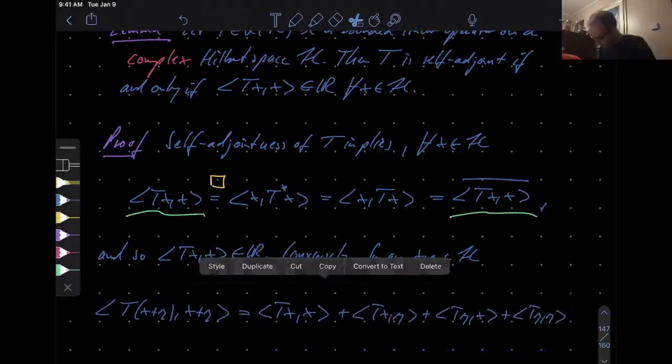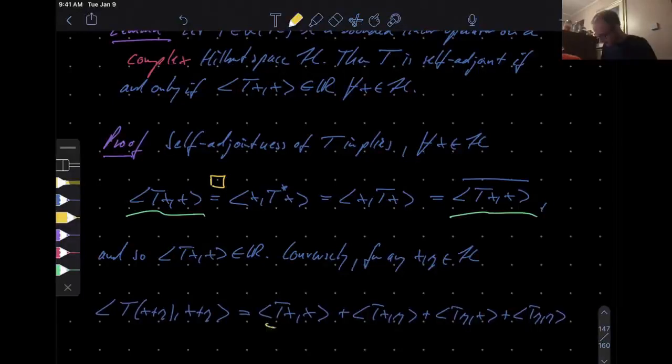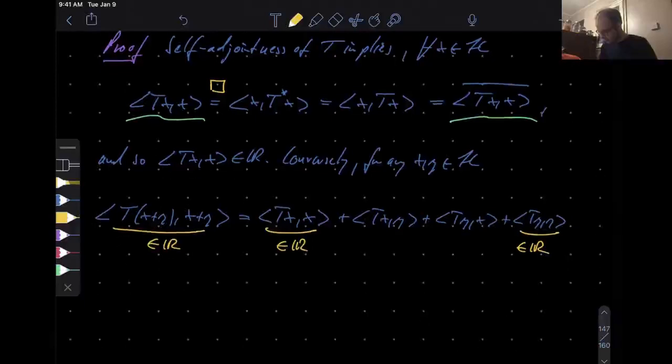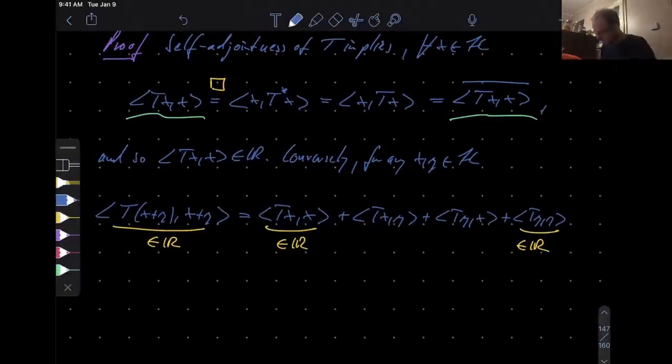Now, by assumption, currently we're doing the direction that the inner product being real implies self-adjointness. So by this assumption, you know that this guy is real, this guy is real, and this guy is real, right? So that means, because you're working over a field that is closed with respect to addition, that these two terms that I didn't underline with yellow also have to be real.